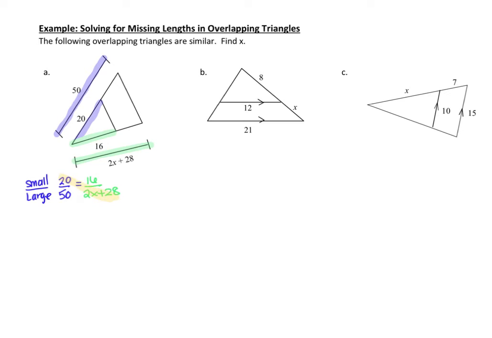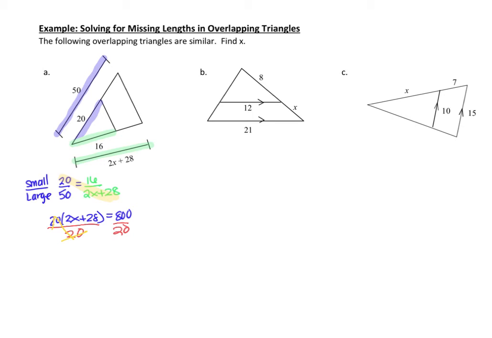So we have 20 times 2x plus 28, and that's equal to 50 times 16, which is 800. So 20 will definitely divide into 800 evenly. So let's go ahead and divide the 20 out rather than distribute it in.